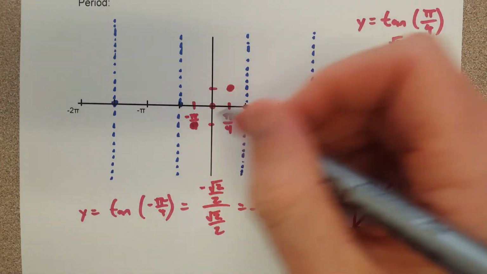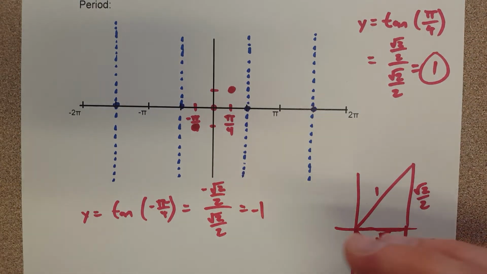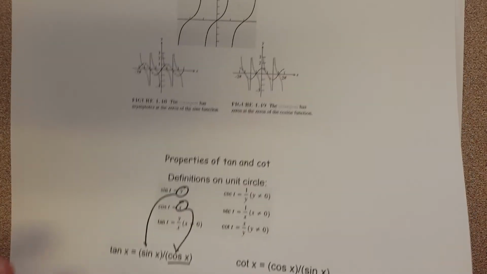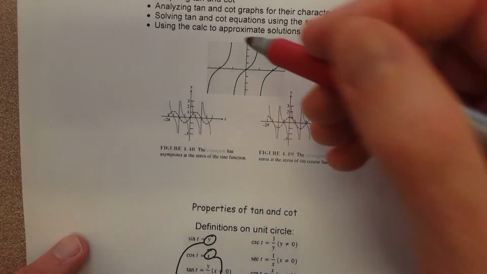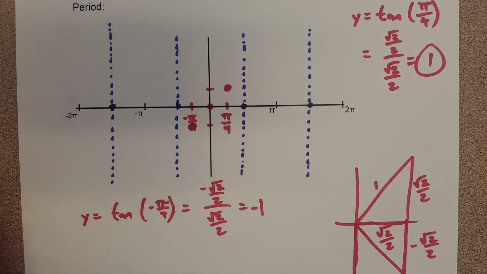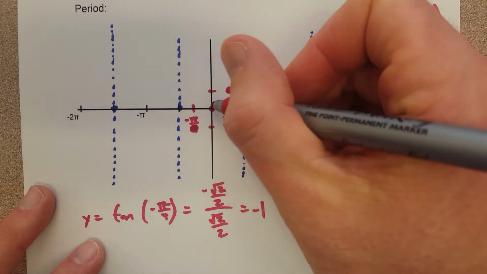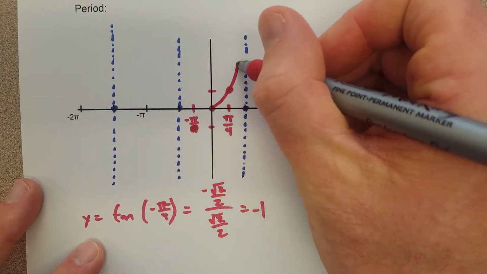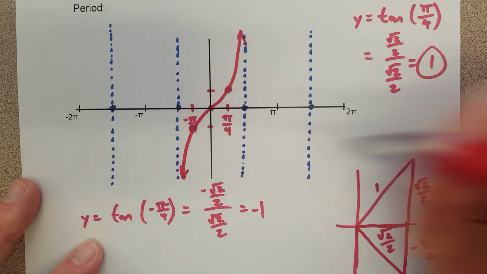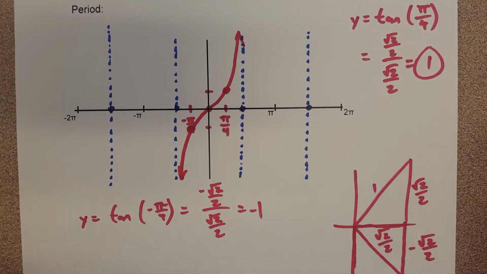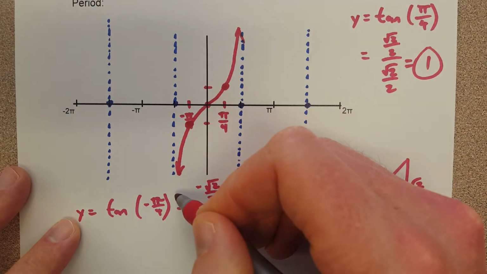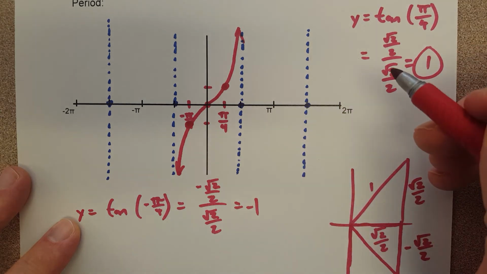And so now, if you saw the graphs at the beginning, what the tangent and cotangent graphs look like, it looks a little something like this, where they have this curve to them. So using that shape, we make a sketch that goes through here, and it's going to go up that direction. This one's going to go down this direction, and we've got one of our branches of this graph. Now you'll notice that it goes up forever here and it goes down forever there, so it's not going to connect to these next ones.